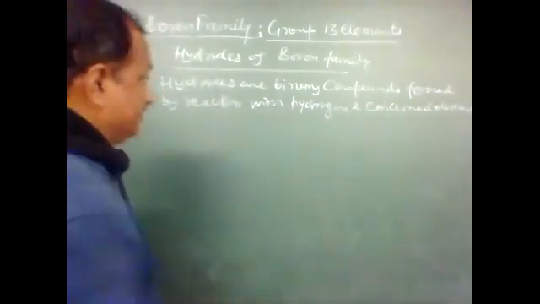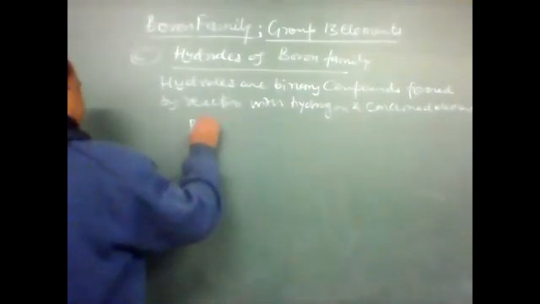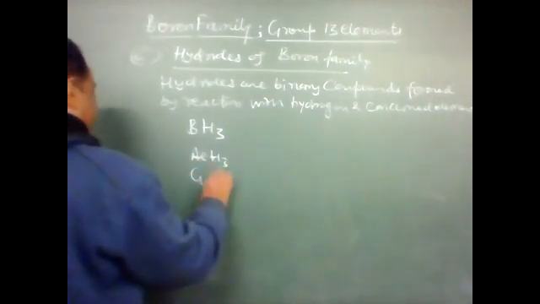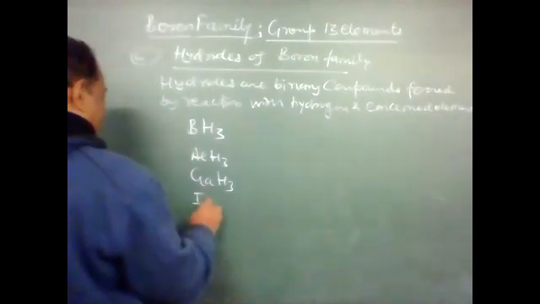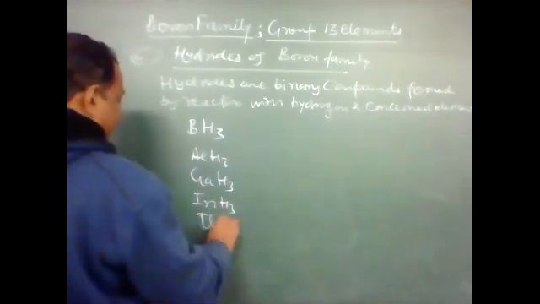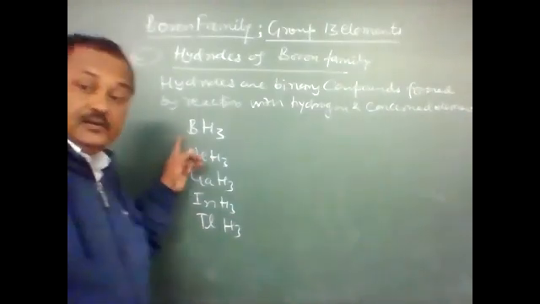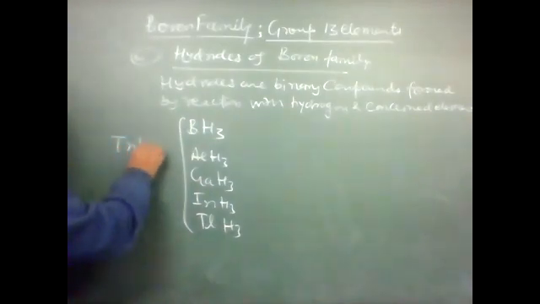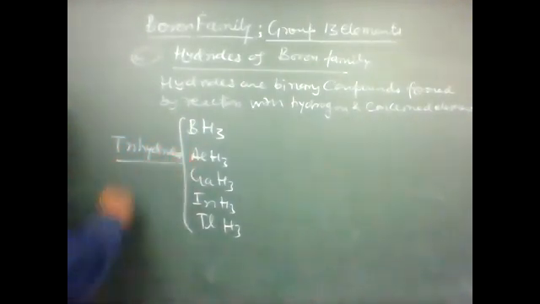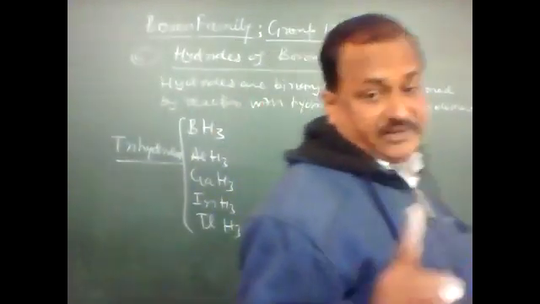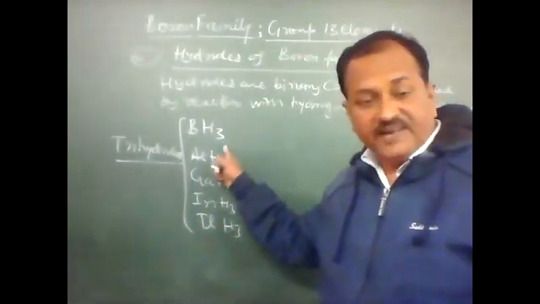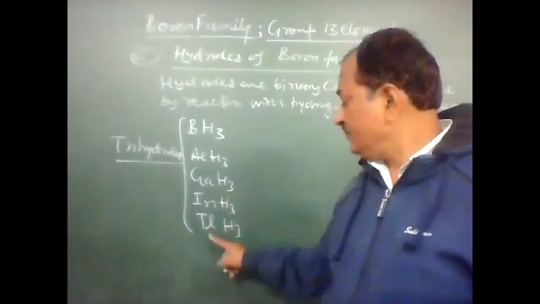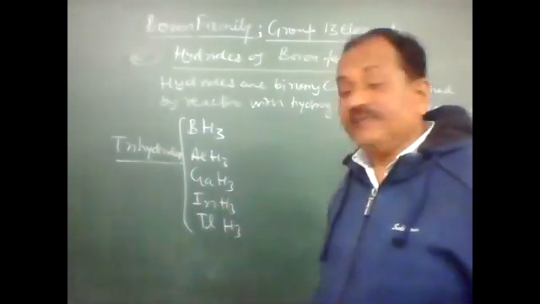They form the hydrides like BH3, AlH3, GaH3, InH3, and thallium hydride TlH3. All are called trihydrides. They are basically trihydrides. This is boron trihydride, aluminum trihydride, gallium trihydride, indium trihydride, and thallium trihydride.